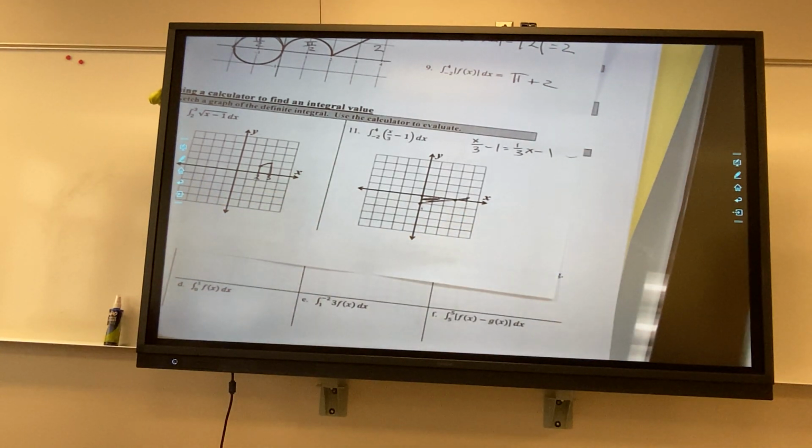You're going to do it on your calculator. Now, before you use your calculator, should the answer be positive or negative? Negative. Why? Because primarily most of it is in the negative side. Right, most of it is below the x-axis, correct?